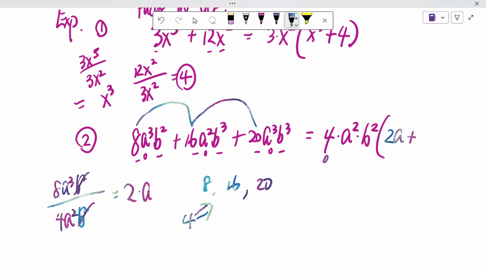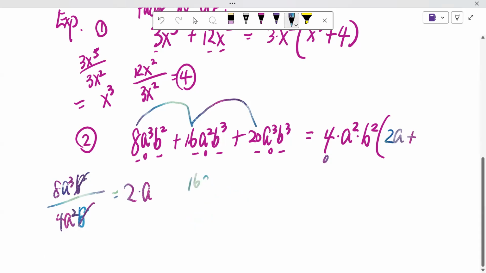For the variable part, we always use the lowest exponent among all three of them. And then the second term, very similar. We just divide the second term by the common factor.